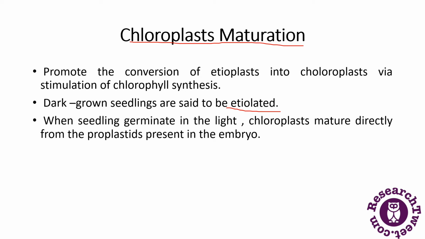Instead of maturing as chloroplasts, the proplastids of dark-grown seedlings develop into etioplasts, which contain protochlorophyll instead of chlorophyll, and they do not synthesize most of the enzymes and structural proteins required for the formation of the chloroplast. When seedlings germinate in the light, chloroplasts mature directly from the proplastids present in the embryo. So this is the role of cytokinin in chloroplast maturation: cytokinins promote the conversion of etioplast into chloroplast via the stimulation of chlorophyll synthesis.